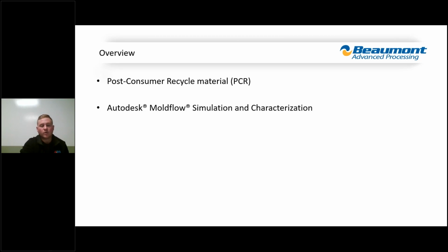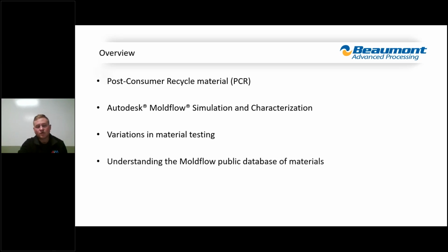We're going to talk a little bit about the Moldflow simulation, what Moldflow simulation is and what Moldflow characterization is. Variations in the material testing that goes into that characterization. Understanding the Moldflow public database and the materials that are listed in there. And lastly, we'll go through some case studies on how these material variations can affect the simulation results.